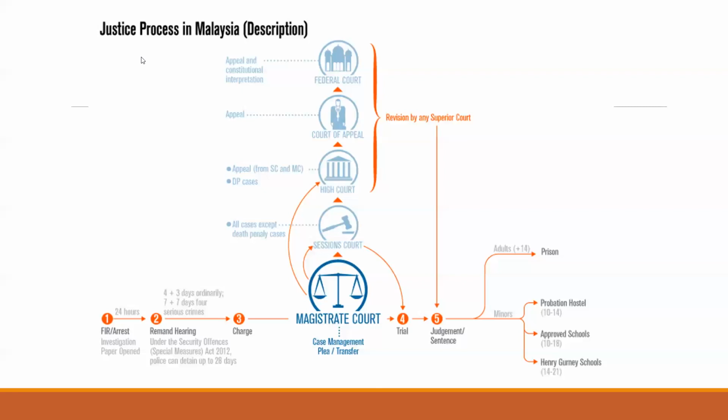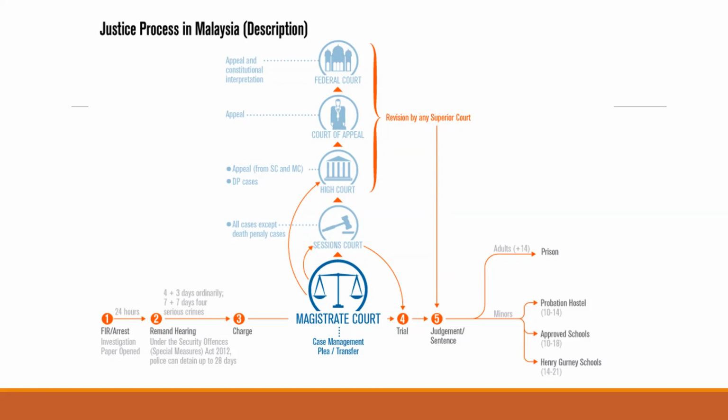For you to understand this better, I think you need to know the criminal procedure flow of Malaysia. Usually, or I would say almost everything, a court matter will start with a first information report. In layman's terms, we call it a police report.